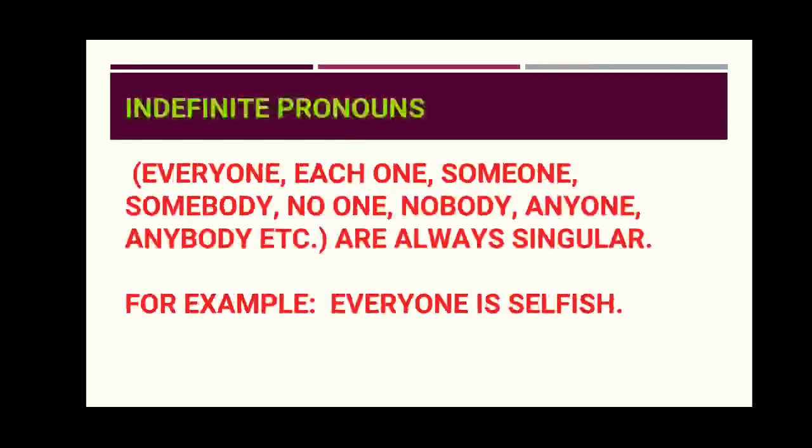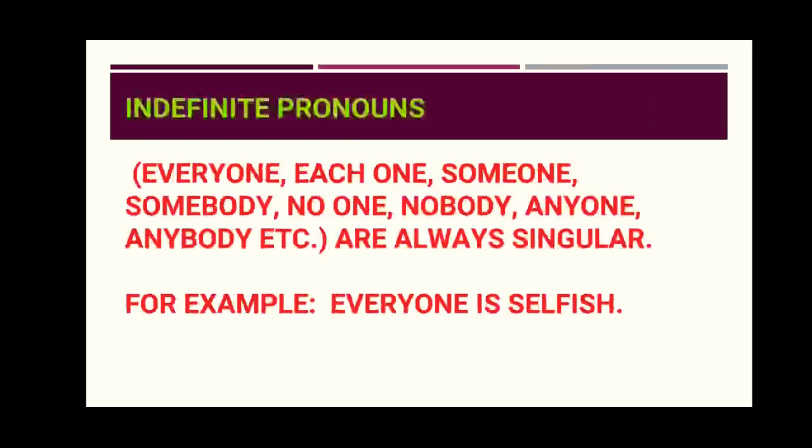Indefinite pronouns. Students, now remember that if you are using indefinite pronouns like everyone, each one, someone, somebody, no one, nobody, anyone, anybody, etc., with these you always use a singular verb, singular helping verbs mainly.